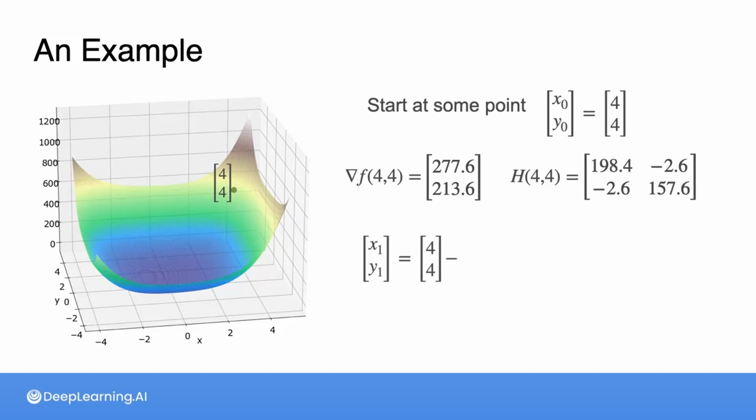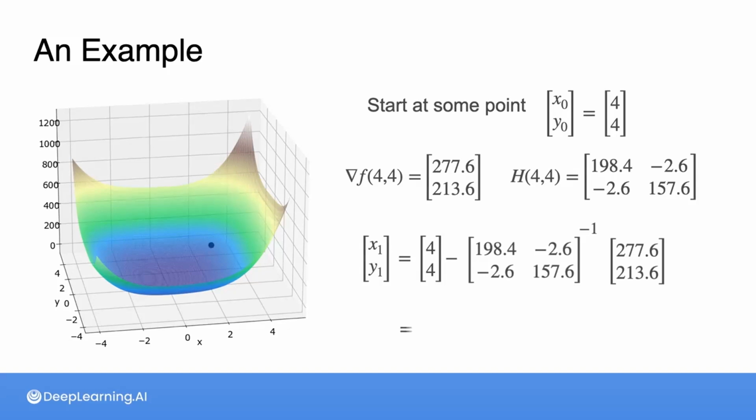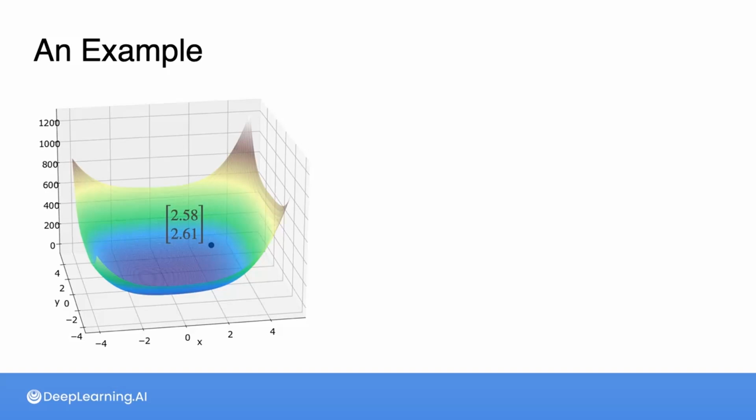So what's the first point? Well, the second iteration is going to be 4, 4, the first iteration, minus the Hessian inverse times the vector. And that's actually going to be 2.58, 2.62. And that's the new point. Notice that it's much, much closer to the point 0, 0, which is the root that we're looking for.